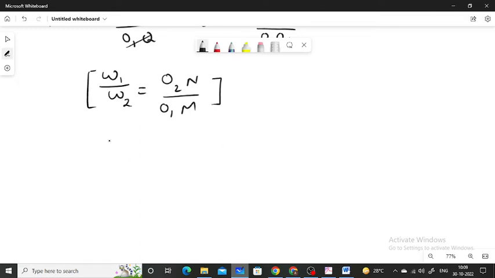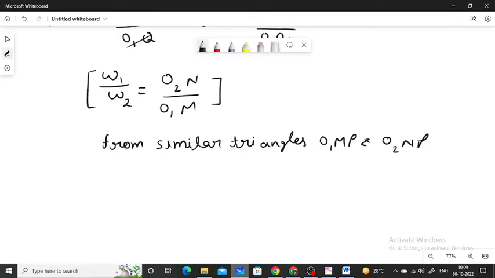So from similar triangles O1MP and O2NP, O2n upon O1m will be equal to O2p upon O1p.